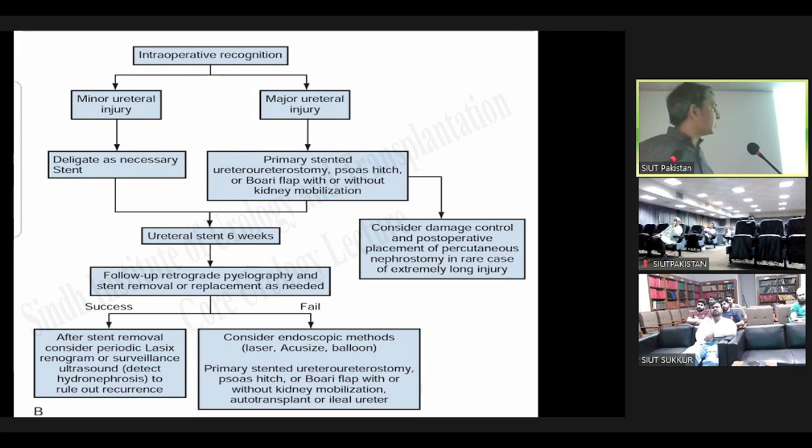If it failed, then we will utilize the other options of delayed treatment, which we have already mentioned. While for major injuries, we will do primary stenting or ureterostomy, the other procedures, and then the concept. If the patient is unstable, then we will consider a damage control procedure.